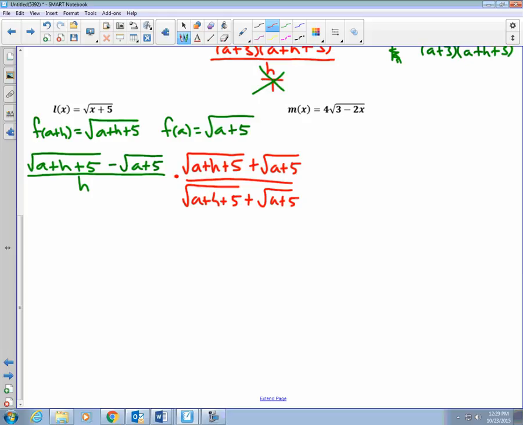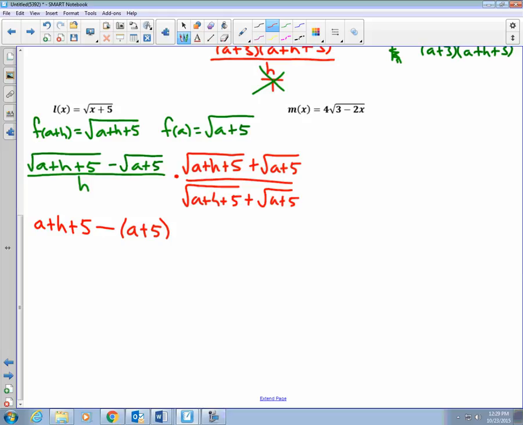So I have the square root of a plus h plus 5 times the square root of a plus h plus 5, and I get a plus h plus 5, minus the square root of a plus 5 times the square root of a plus 5, which will give me the quantity a plus 5.